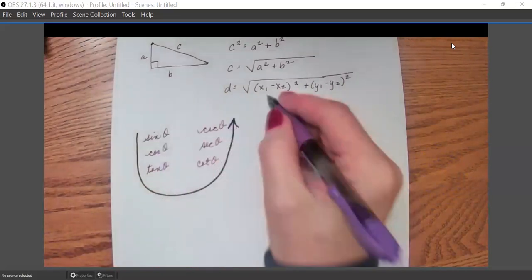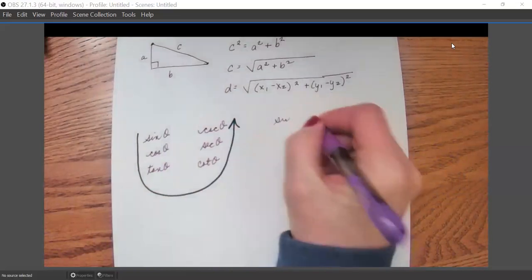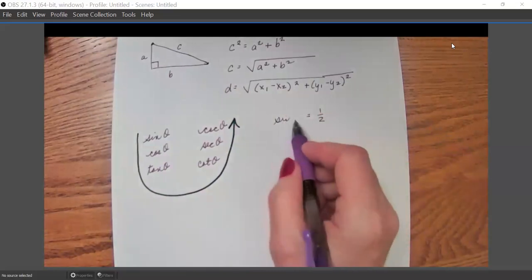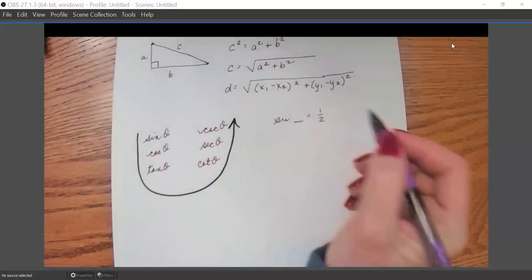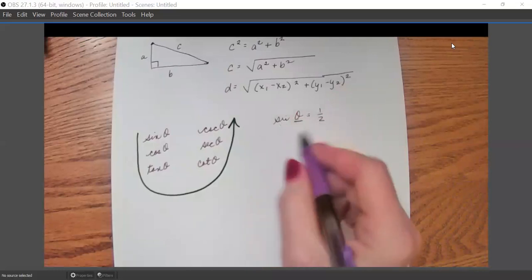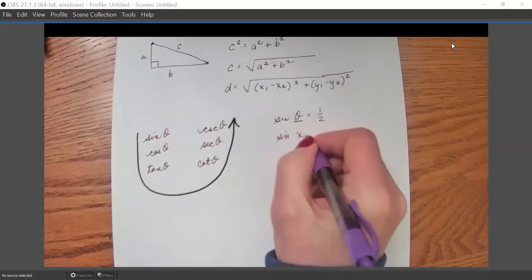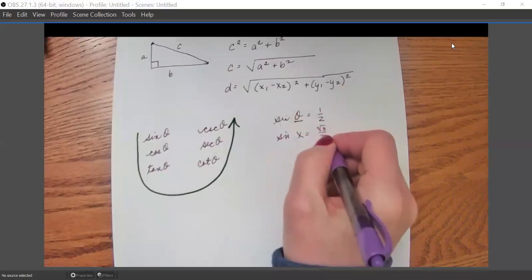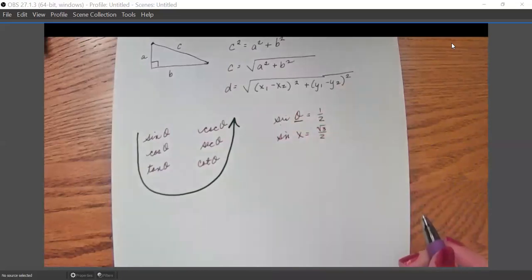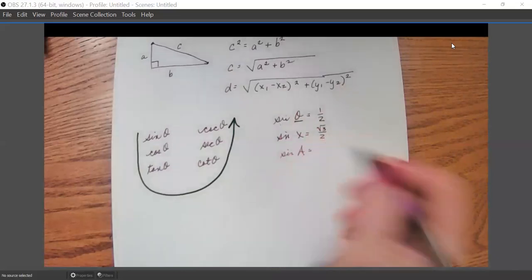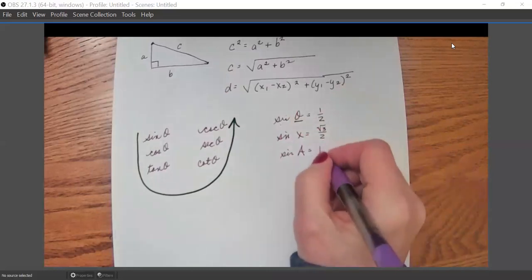Whenever you have a trig function, the trig function will equal a value. You always have to find it with the angle. You'll find the sine of theta, the sine of x, the sine of A, if A is your angle.